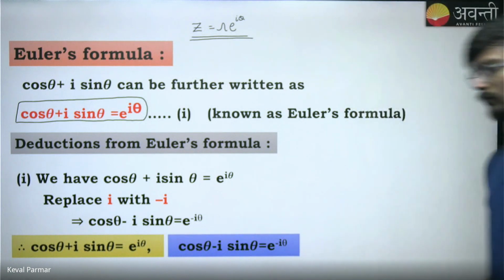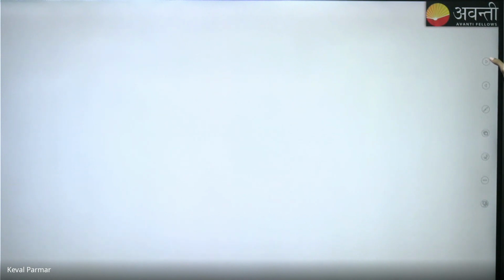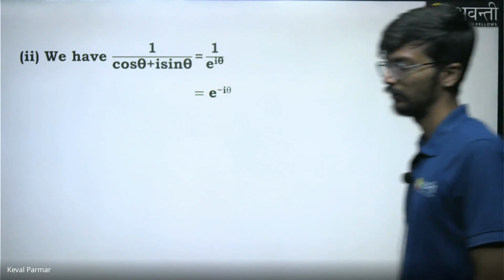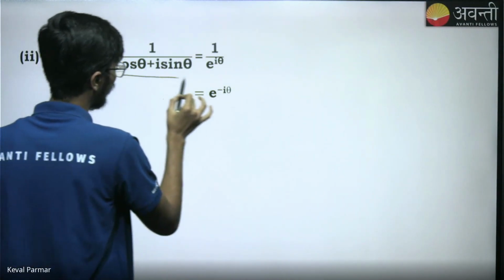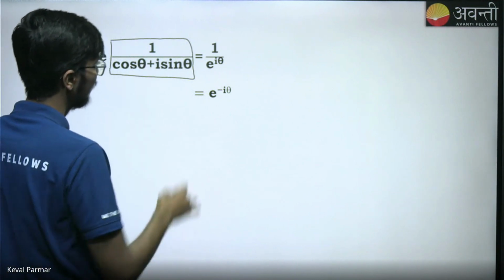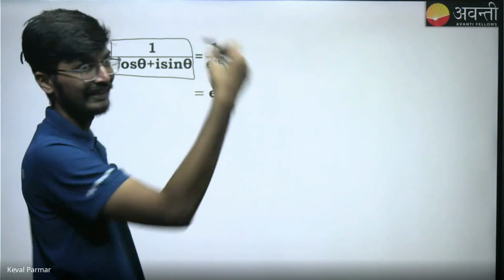Chalo. So let's move forward. Now, this is an interesting thing to remember. Obviously, guys, we will not be proving that 1 upon cos theta plus i sine theta is cos theta minus i sine theta.